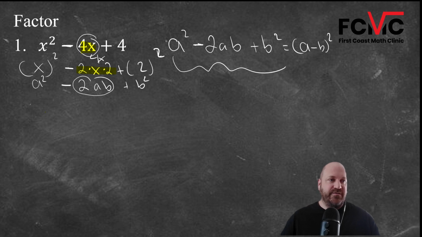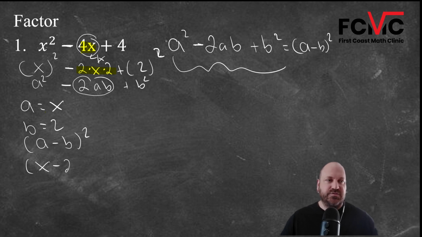We know that a is equal to x, b is equal to 2. So we can write our answer in our form a minus b squared. And our answer is going to be x minus 2 squared.